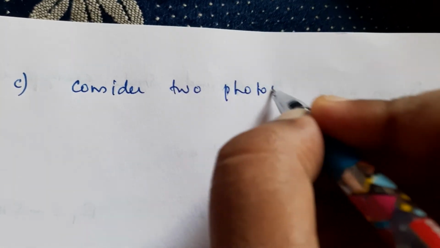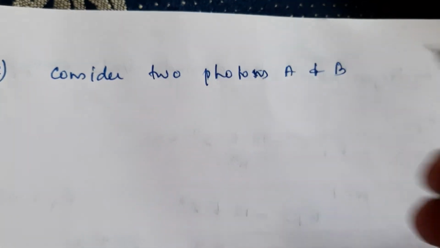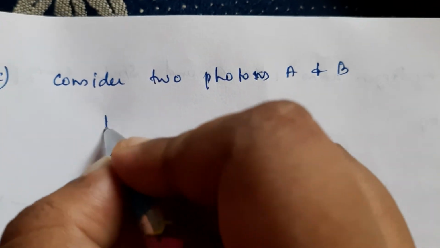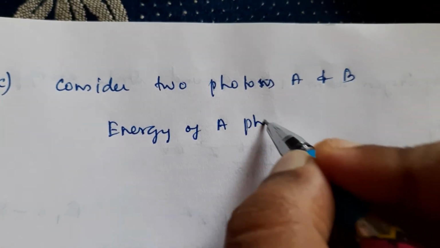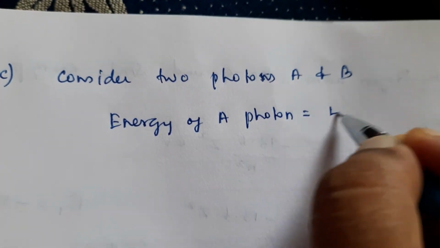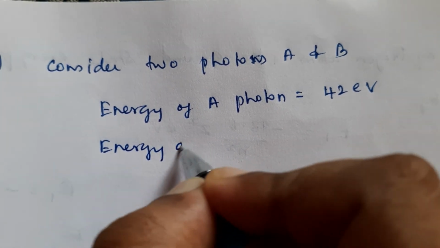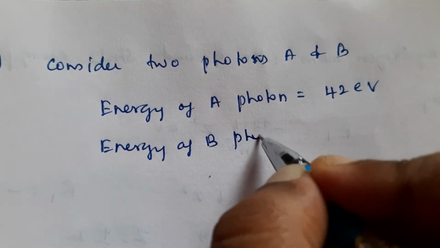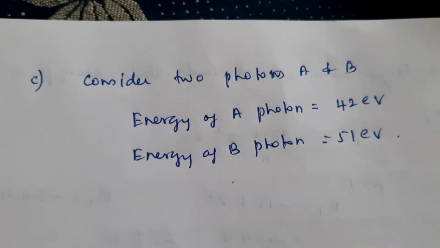Now we are going to consider two photons, A and B. Energy of photon A is 42 electron volt and energy of photon B is 51 electron volt.